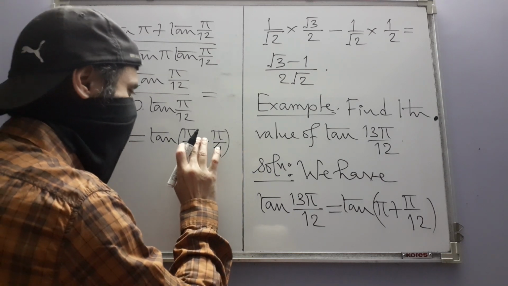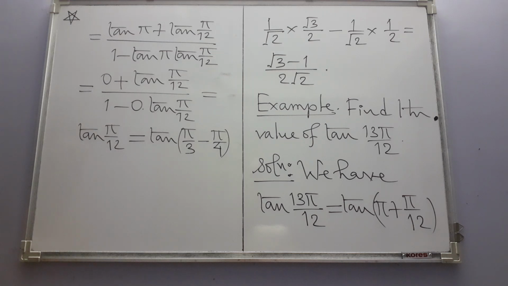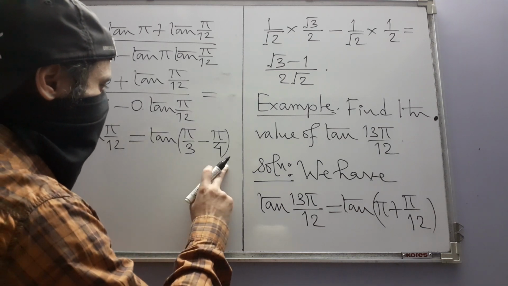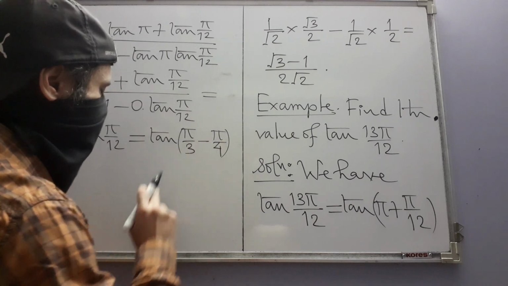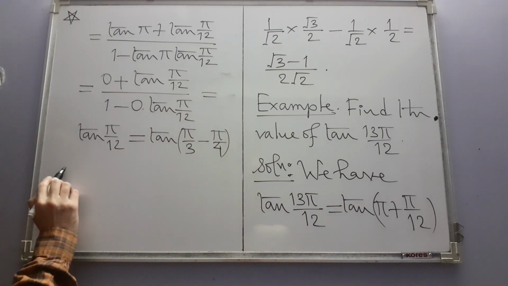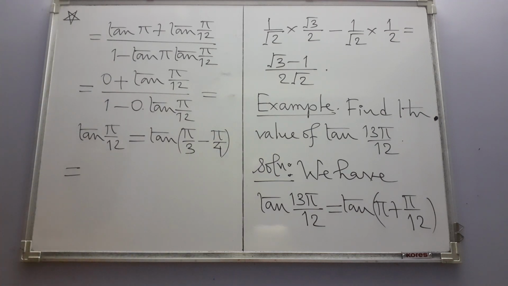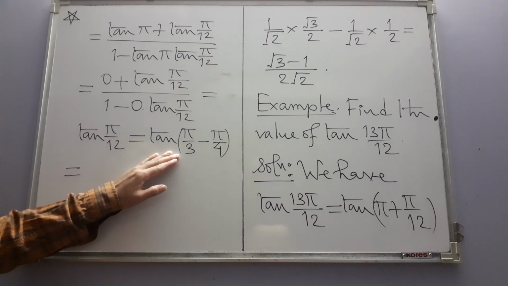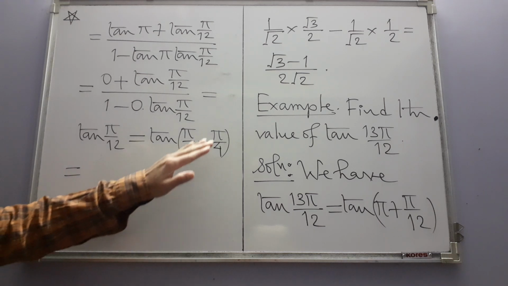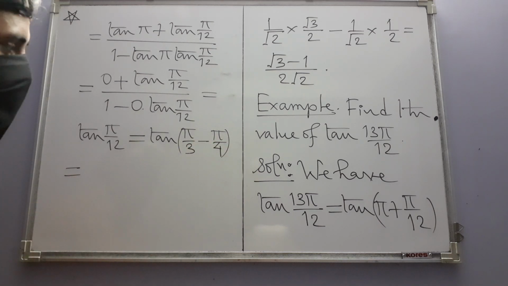It's not a sum, it's a difference. Simply a difference of two known angles, pi over 3 and pi over 4. Am I correct? Because if I take LCM, it will be 12 and 4 minus 3. Yes. So now we have to again apply, this time, tan x minus y formula.